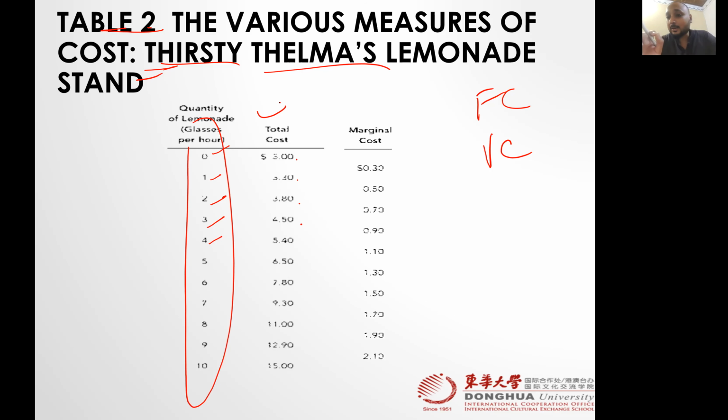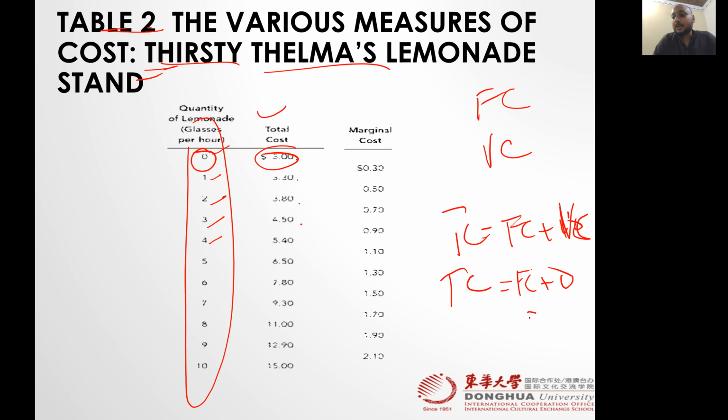Fixed cost is that cost which does not vary with the level of output. If you are producing zero, you still have to pay. And total cost is equal to fixed cost plus variable cost. When production is zero, variable cost is going to be zero, and fixed cost remains the same.